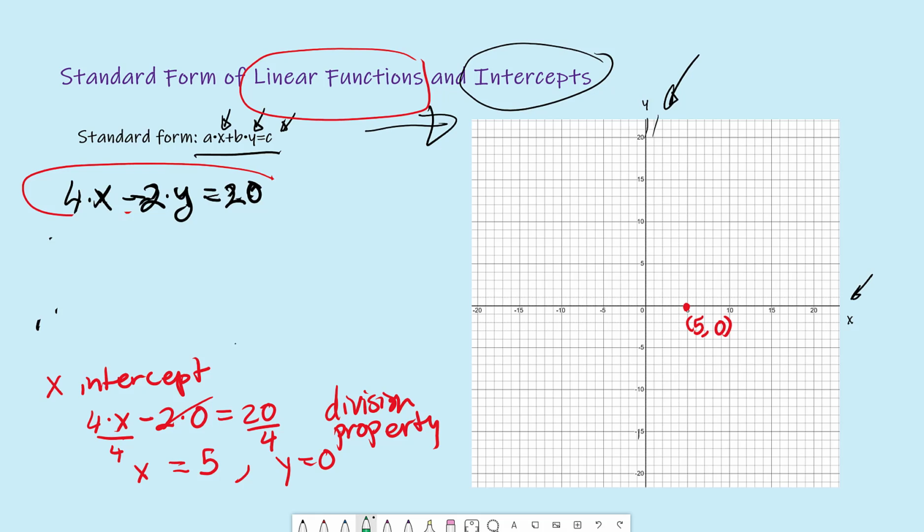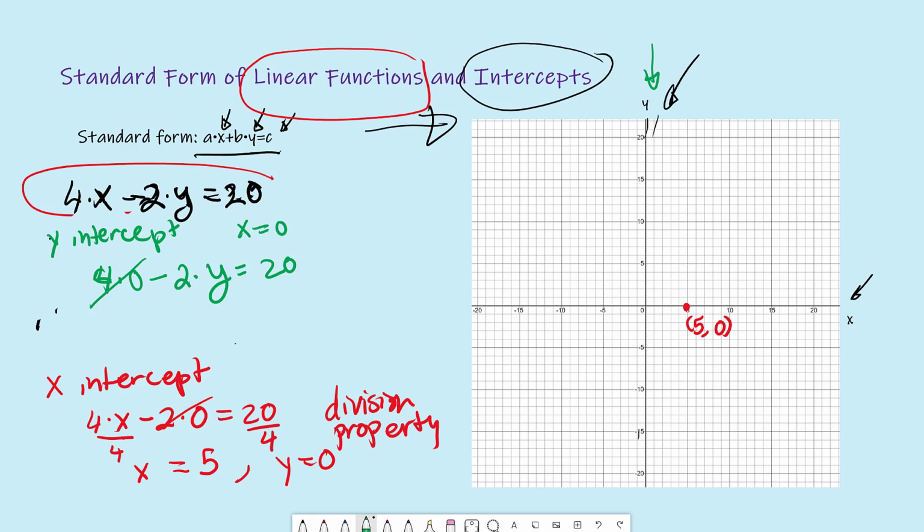Now let's look for the y-intercept. When we have a y-intercept, it means that we're on this line here, so we have to take x equals 0. So we have 4 times 0 minus 2 times y equals 20. 4 times 0 is just 0.